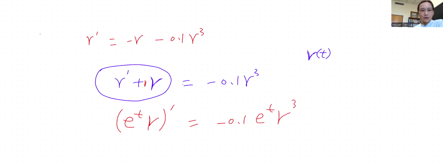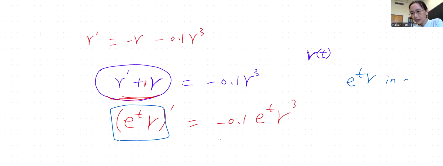So after you multiply the integrating factor to both sides, we can see the left side becomes one single term. So that's a little bit easier for us to see this quantity. If its derivative is negative, then this quantity is decreasing. So we can immediately conclude that this quantity is decreasing.